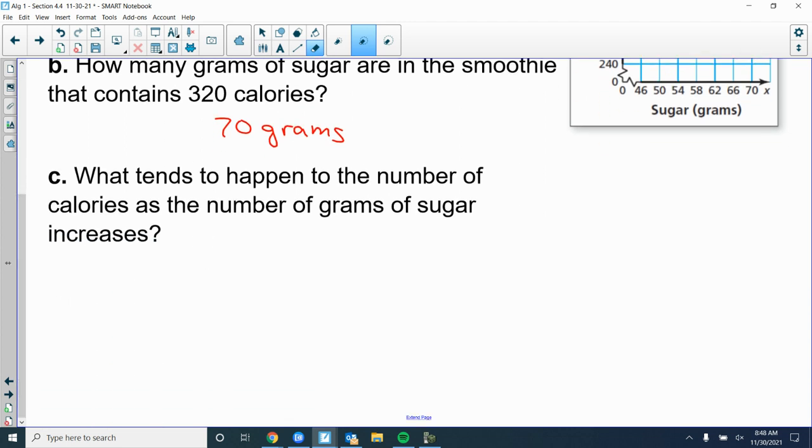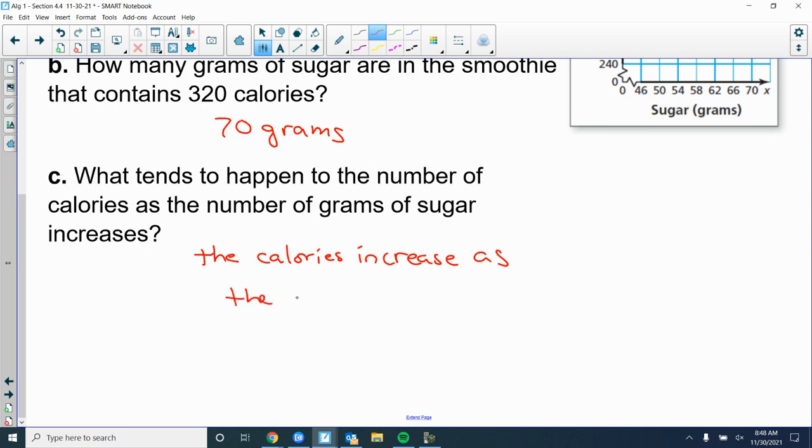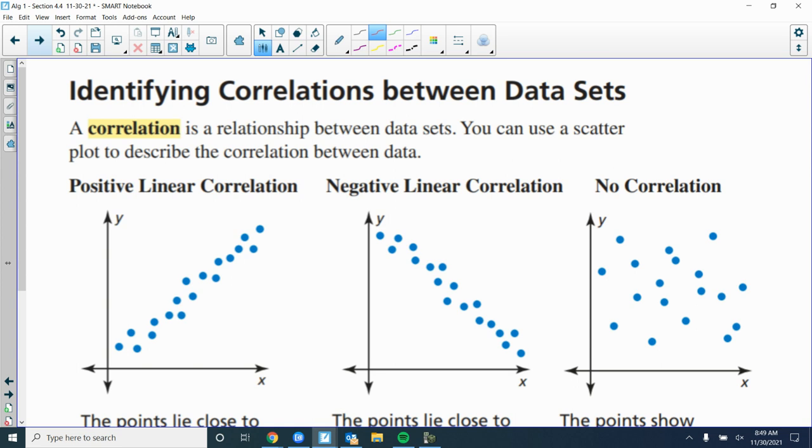So the calories increase as the grams of sugar increase. Okay. The calories increase as the grams of sugar increase. Okay. All right.